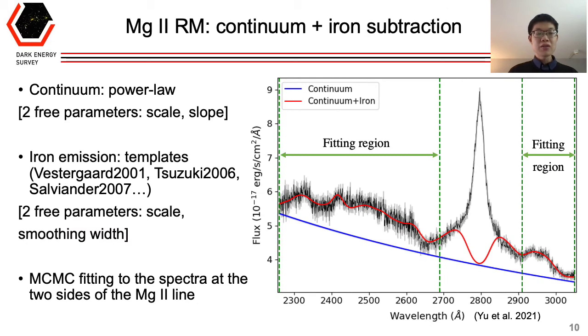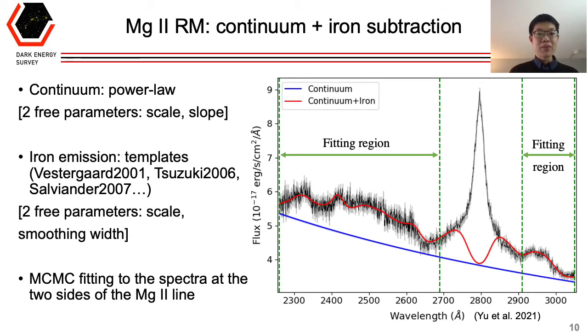Another challenge in doing reverberation mapping for the magnesium II line is the strong iron emission around this wavelength range. In this project, we model the AGN continuum using a power law and model the iron emission using the iron templates from literature convolved with a smoothing kernel to account for the velocity fields in the broad line region.